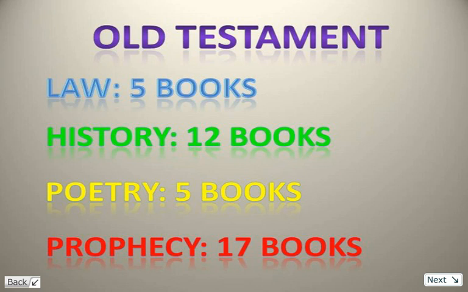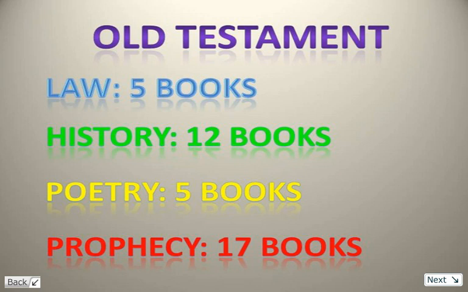Then the second division is history, the history books, 12 books. And then you have the poetry section of 5 books of poetry, which includes Job, Psalms, Proverbs, Ecclesiastes, and Song of Solomon.